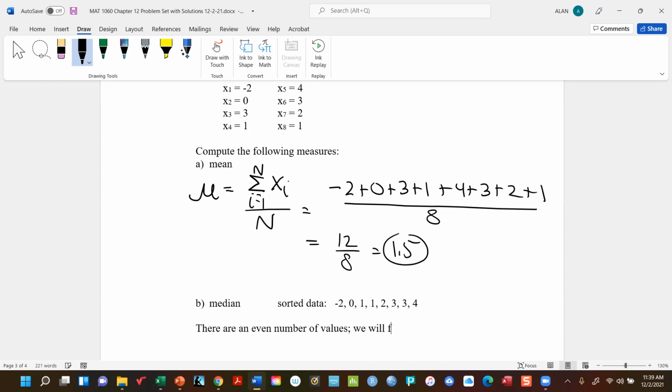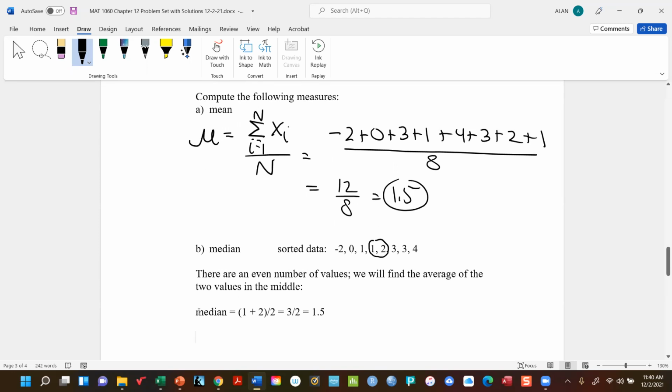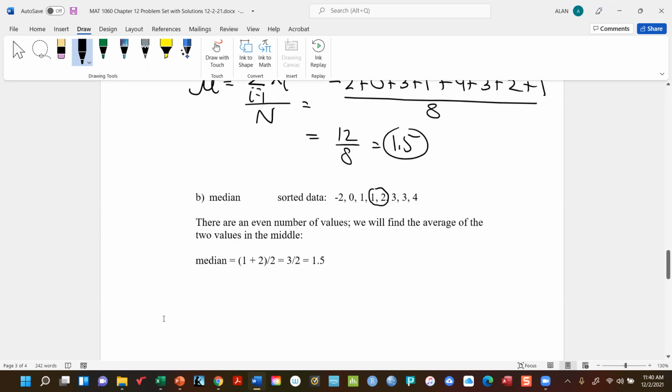We will find the average of the two values in the middle. Which ones are those? That would be the 1 and the 2. So just by coincidence, it's the same as we had in the first problem. All right. So that's all there is to it.